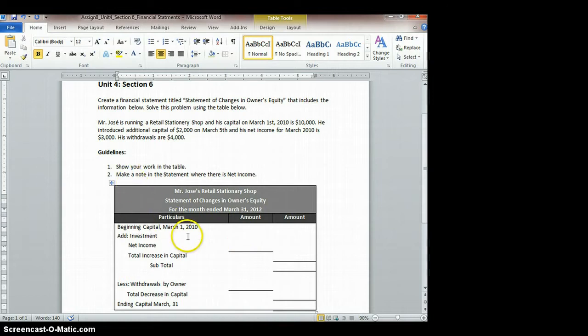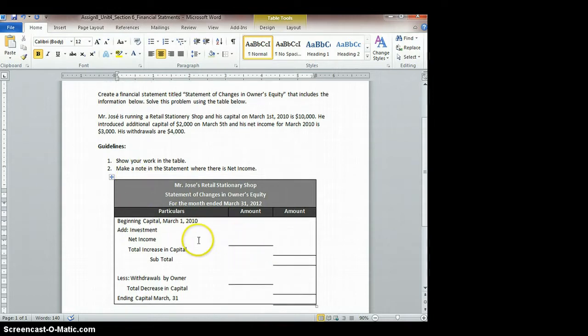Okay, next step is to fill out our amounts in these two columns. So the first line is always going to be our beginning capital, our capital at the beginning of the month, and up here it tells us on March 1st his capital was $10,000. So we copy that amount down into this right column.